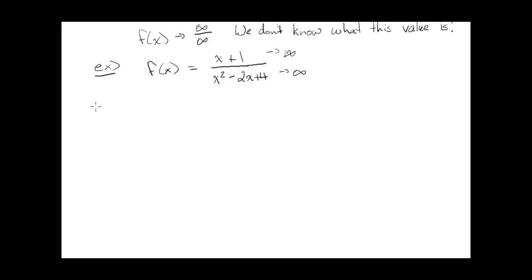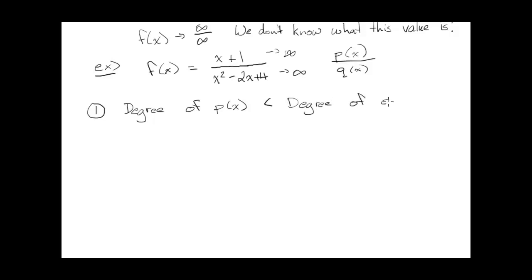There are actually 3 cases you have to consider, and it all has to do with the degree of the two polynomials. Remember, it's p(x) over q(x). This example will be where the degree of p(x), the degree of the numerator, is less than the degree of q(x).